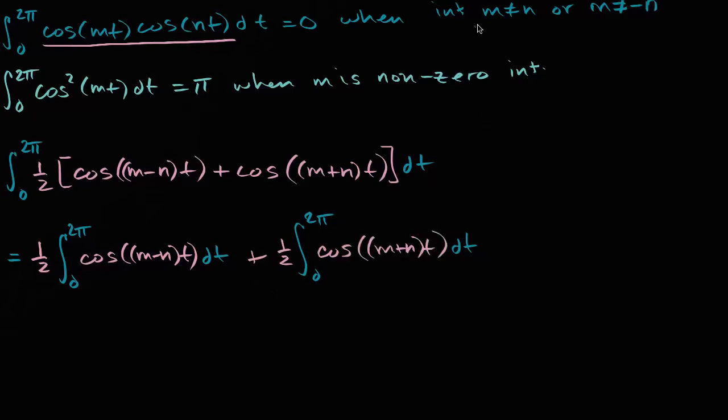Now let's think about it when m and n are integers that don't equal each other and don't equal their negatives. So m not equaling n or m not equaling negative n. We're always assuming that m and n are integers. In that situation, m minus n is going to be a non-zero integer, and m plus n is also going to be a non-zero integer.